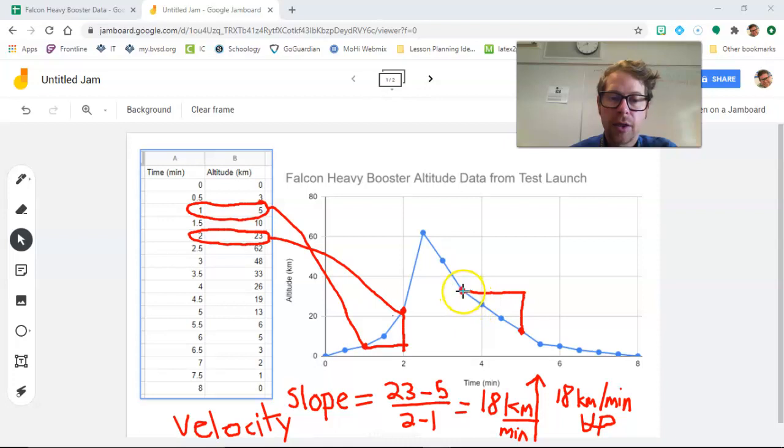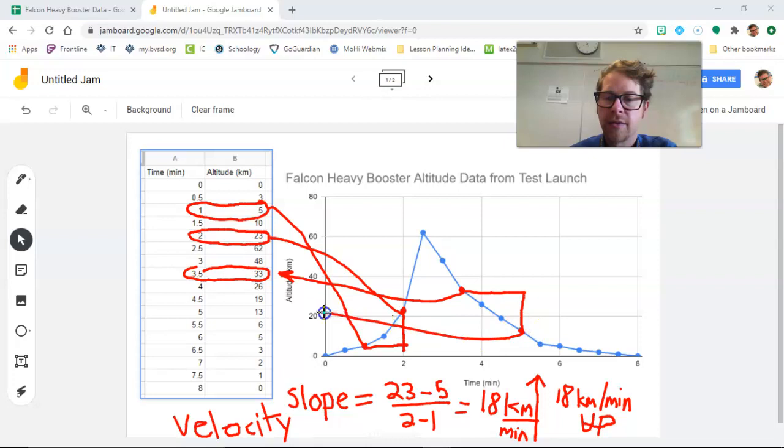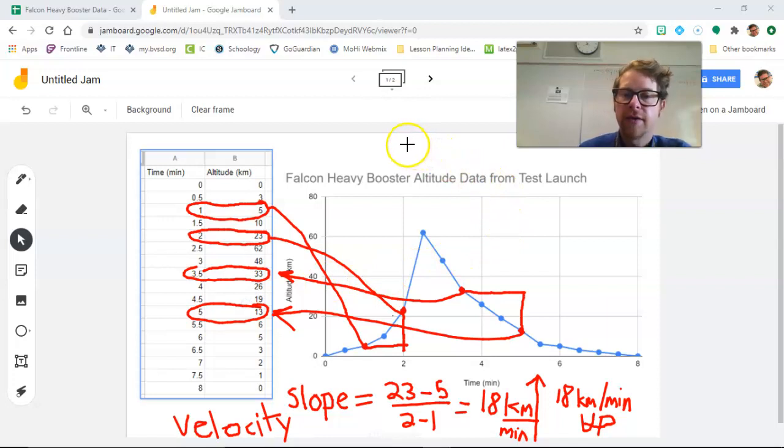Well, let's actually go back to the numbers. This was at time 3.5 minutes. So that's over here. It was 33 kilometers altitude, and then down here, this is 5 minutes. So at 5 minutes, it was 13 kilometers altitude, right? So what was the change in the vertical?